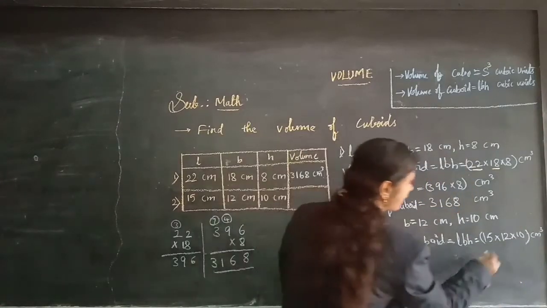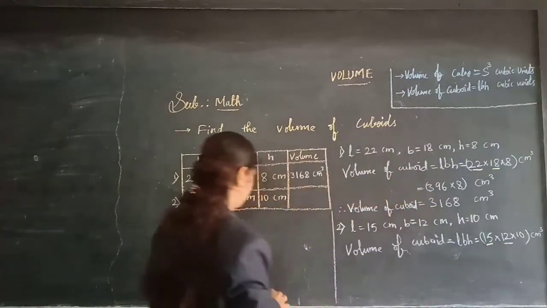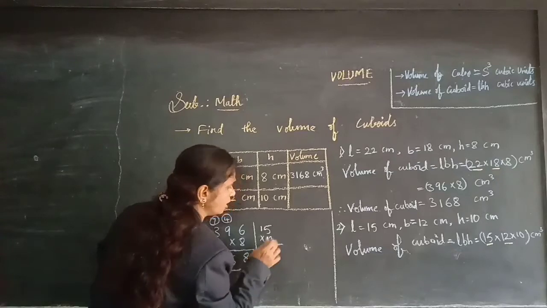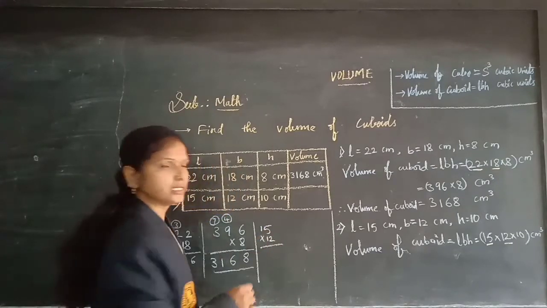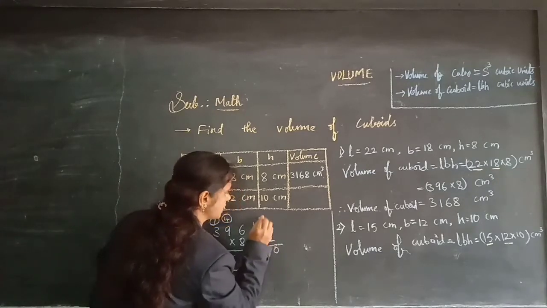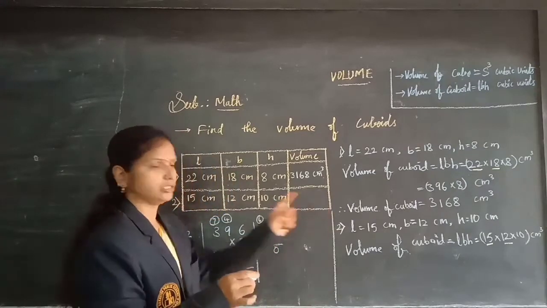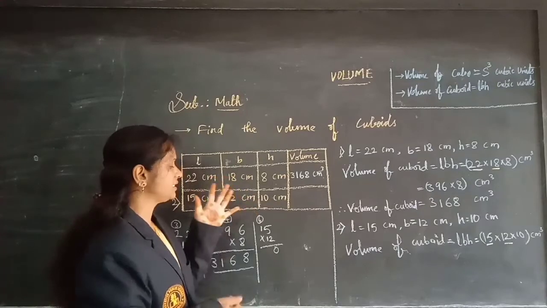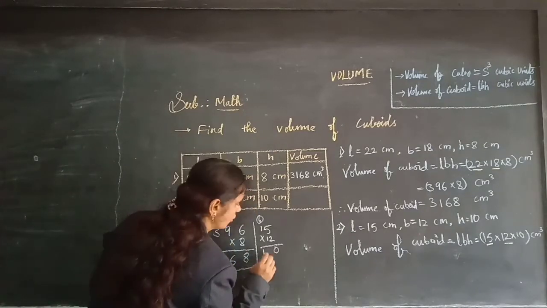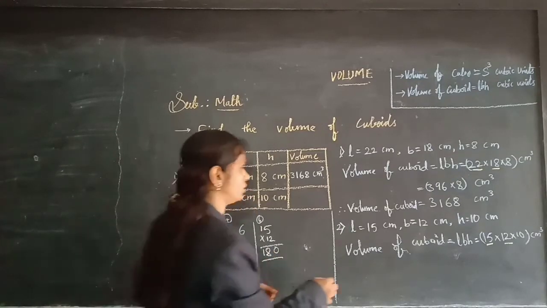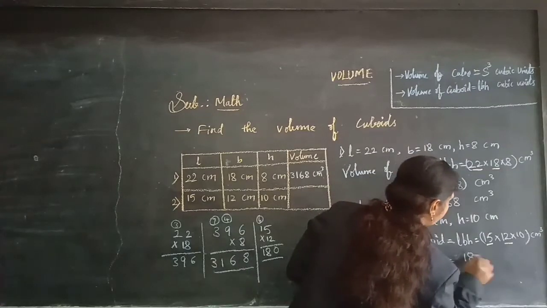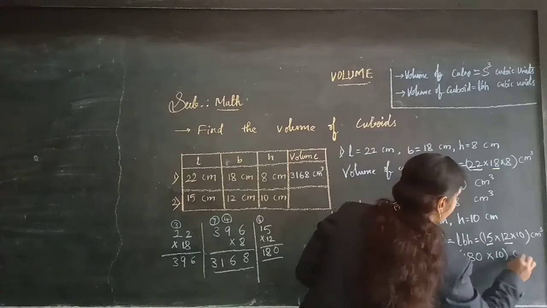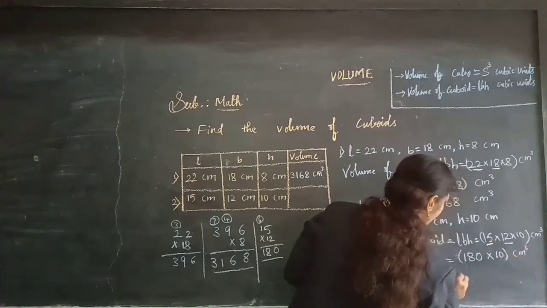Now let's multiply 15 into 12 first. 12 fives are 60, 0 and 6 carry. 12 ones are 12, 12 plus 6 is 18. So we got 180. 180 into the remaining number 10 centimeter cube.